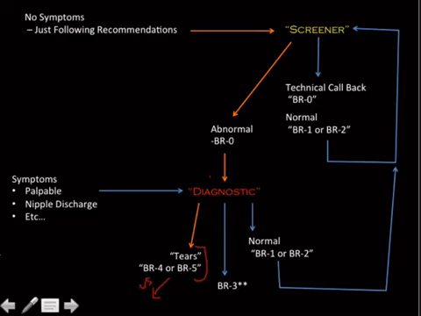Based on the pathology that we would get back from that, because we BR5'd it, we would only accept a malignant result. So the pathologist would have to say it was cancer, and if they didn't, we would have to send them to surgery for a surgical excision.